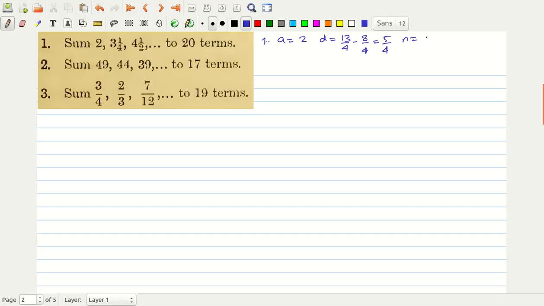N is equal to 20. Now what will be the sum?